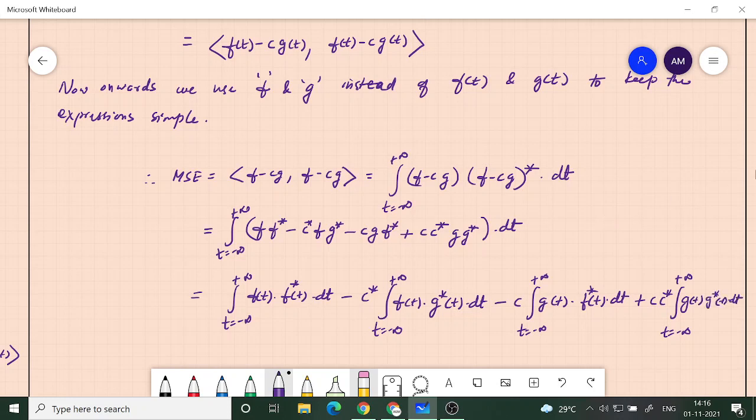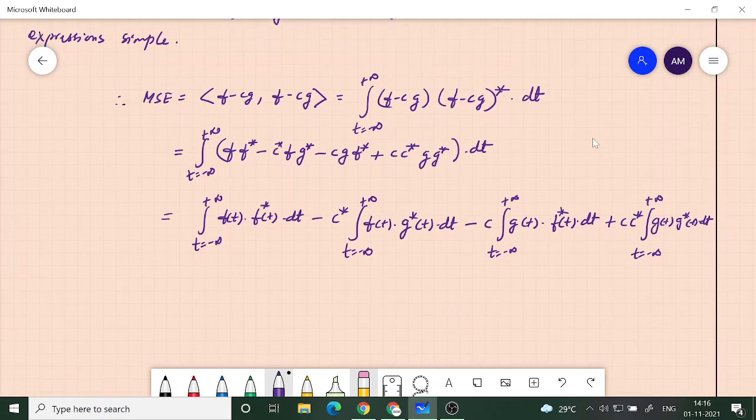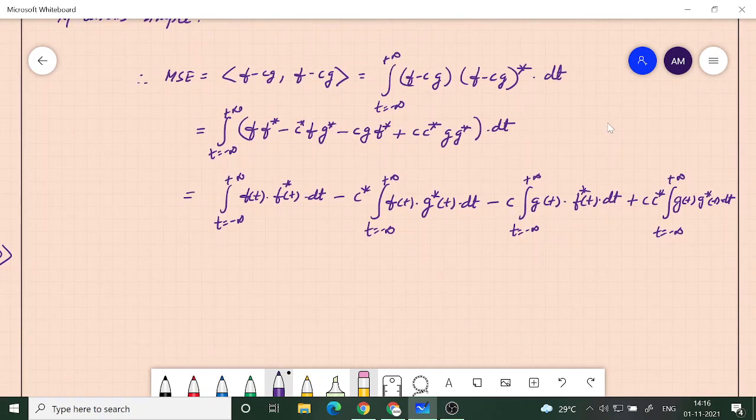Now I am going to use the concise notation. The first term is basically the inner product of f with f. The second term is c star times the inner product of f with g. The third term is c times the inner product of g with f.